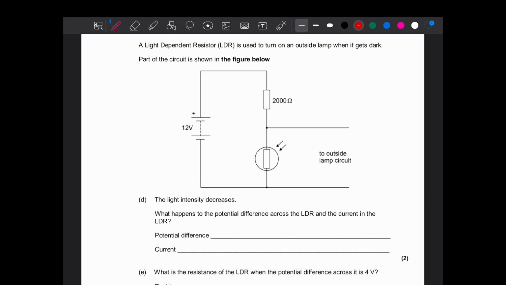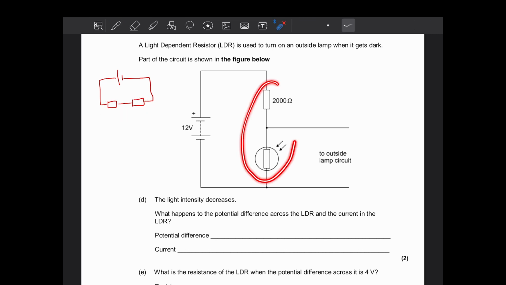Think about this circuit where I've got one resistor over here and another resistor over here. So these are basically the same circuit, I've got two resistors here, and I've got two resistors here. I've got a power supply here and a power supply here.